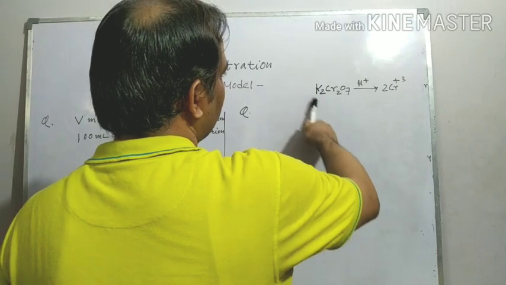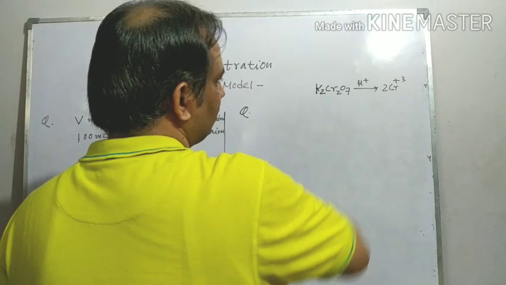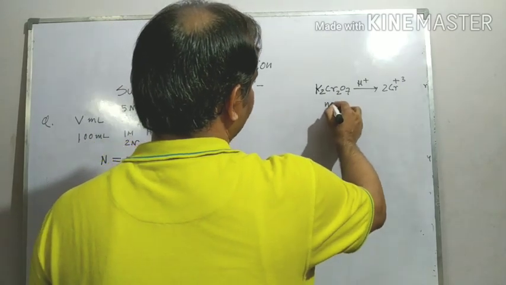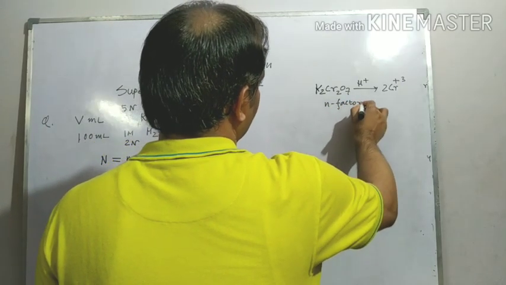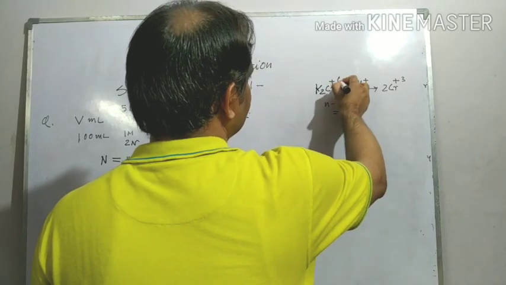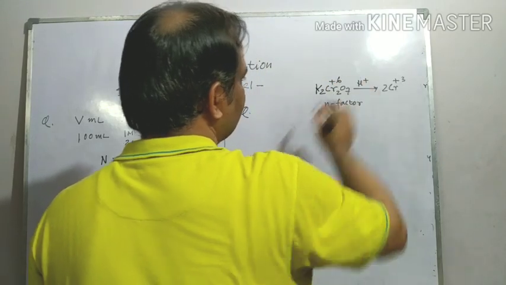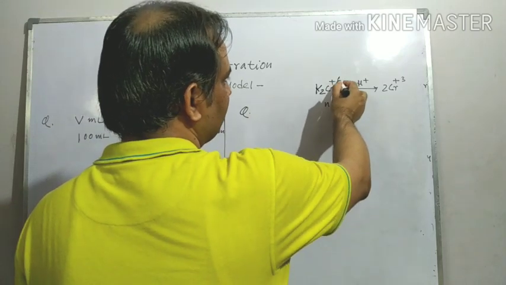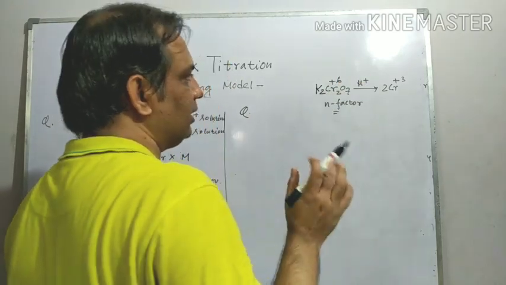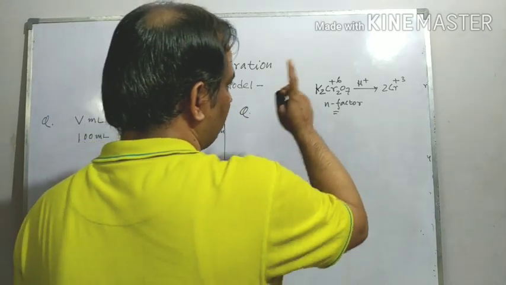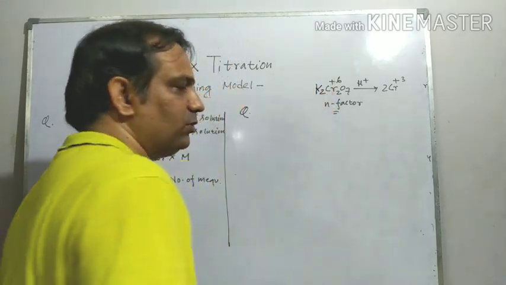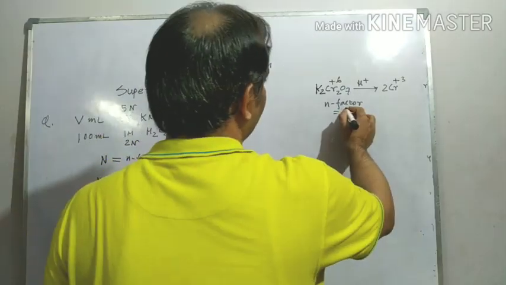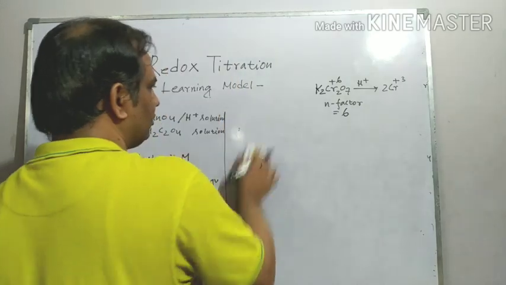Here in 1 mole of K2Cr2O7, 2 moles of chromium atoms are there. So if you calculate the N factor, here chromium is plus 6. So for 1 chromium atom, the change in oxidation state is 3 units. But here 2 chromium atoms are there, so the change in oxidation state will be 6 units. So for 1 mole of K2Cr2O7, 6 moles of electrons are involved. So here the N factor will be 6.